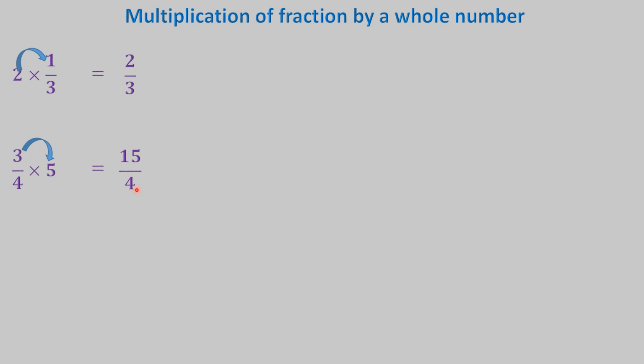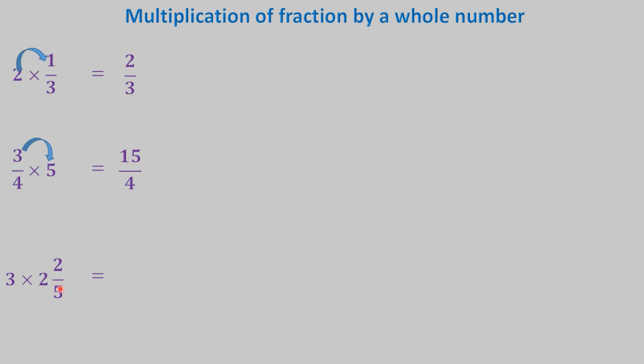Now see another example. 3 into 2 1 by 5. Here 3 is a whole number, 2 1 by 5 is a mixed fraction. So before multiplying, first we have to convert the mixed fraction into an improper fraction. How to convert this into an improper fraction?